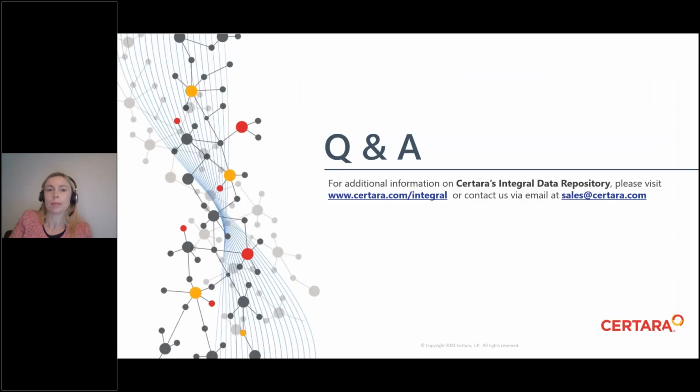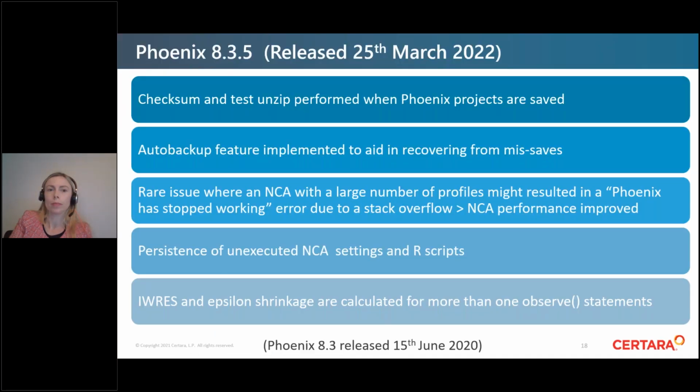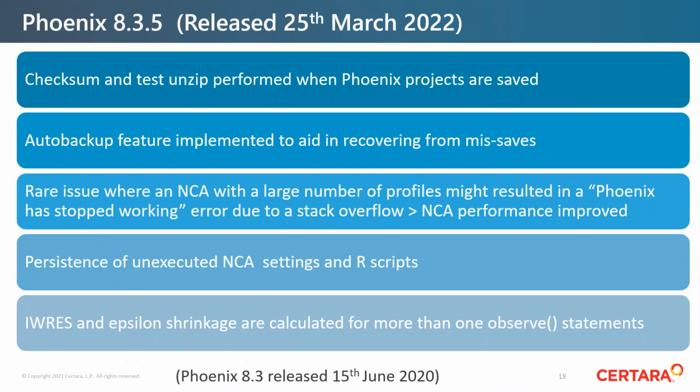Okay, that's an excellent question. I was actually going to mention that if no one else had one. So yes, 8.3.5 was released in March, and this was essentially a maintenance release. It's not mandatory to update to, but there's some nice features I would definitely recommend if you are planning to do an update. It's a relatively small change control. We've given a feature that at every save, a small checksum is generated, and we check that everything has been saved correctly.